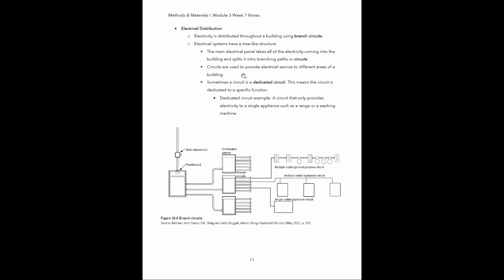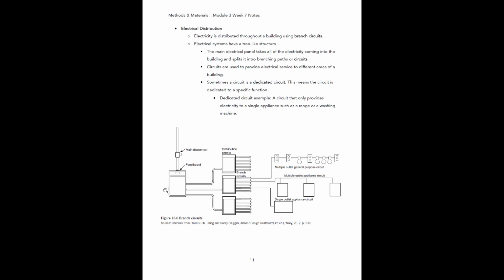Circuits are used to provide electrical service to different areas of a building. Sometimes a circuit is a dedicated circuit, meaning a circuit is dedicated to a specific function. Like I said previously, a dedicated circuit could be a circuit that only provides electricity to a single appliance, such as a range or a washing machine.